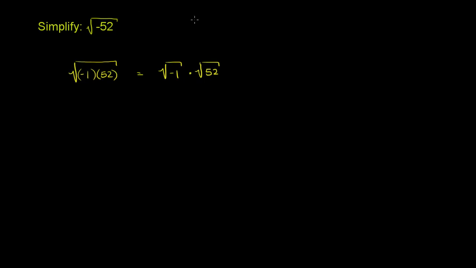For example, you could not say the principal square root of 52 is equal to the square root of negative 1 times negative 52. You could write that much. I haven't said anything wrong. 52 is definitely negative 1 times negative 52. But then, since these are both negative, you cannot then say that this is equal to the square root of negative 1 times the square root of negative 52.